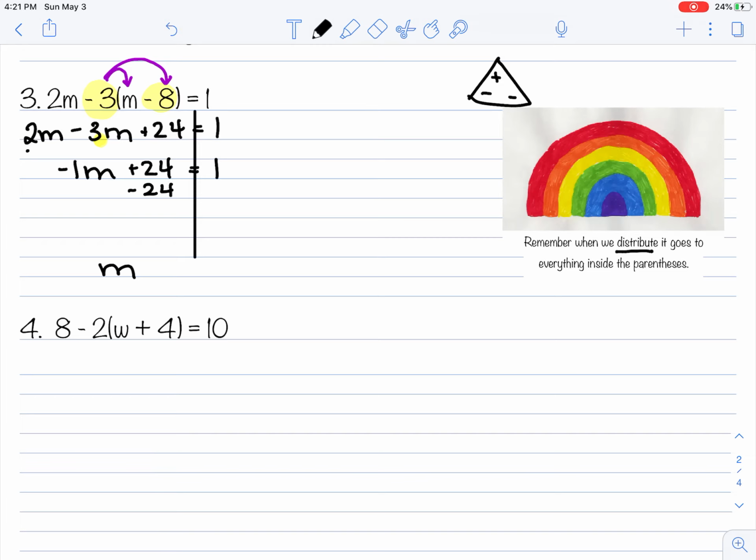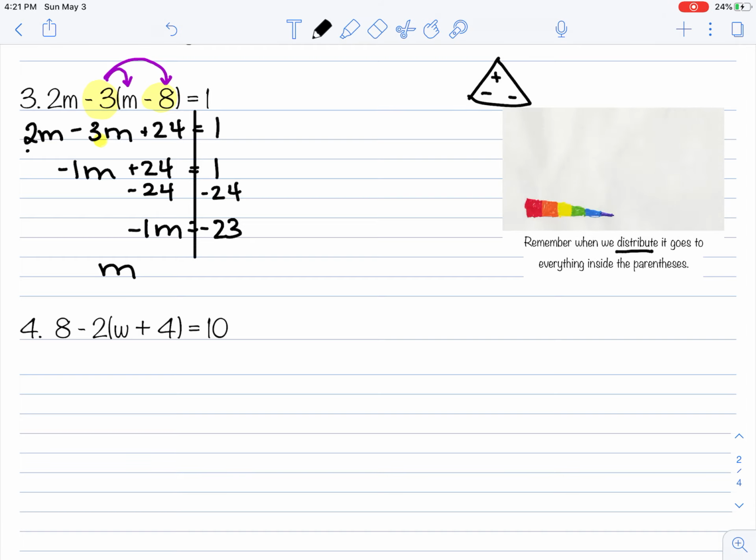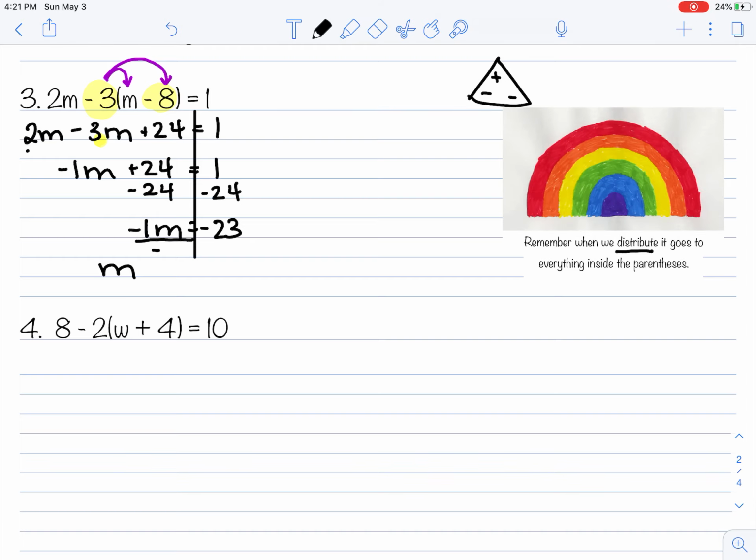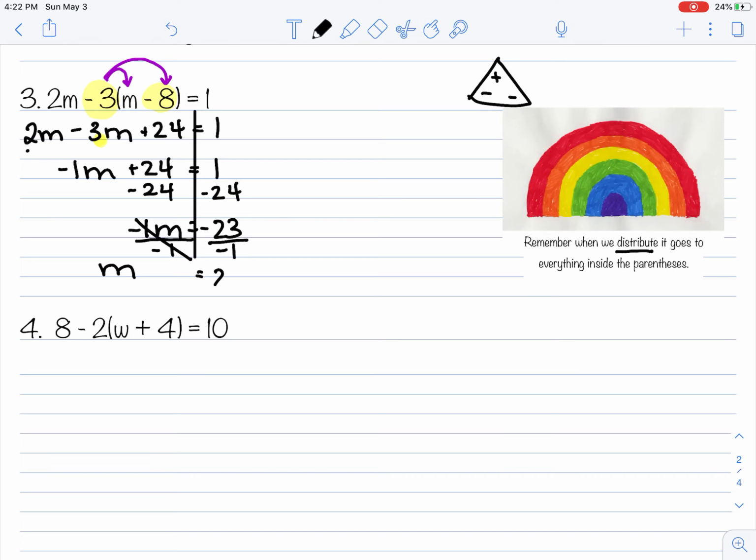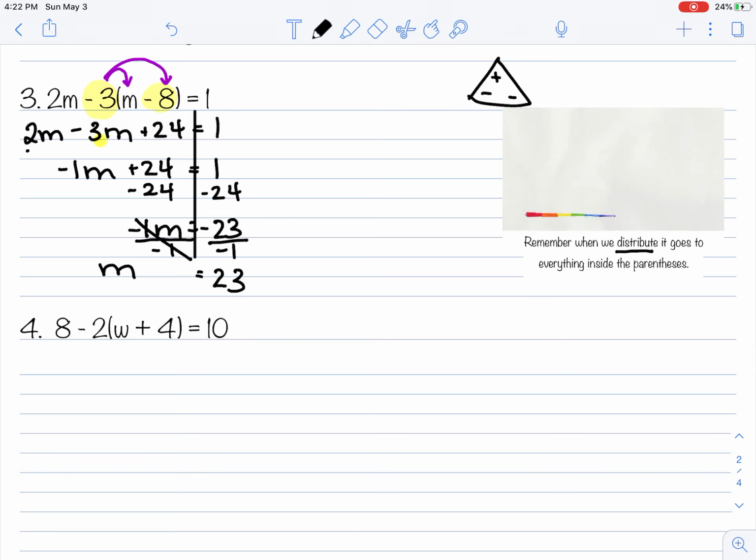I'm going to subtract 24, because it's the opposite of addition. I get -23 is equal to -1m. To undo multiplication, I'm going to divide by -1. So a negative divided by a negative is a positive, so m is equal to 23.